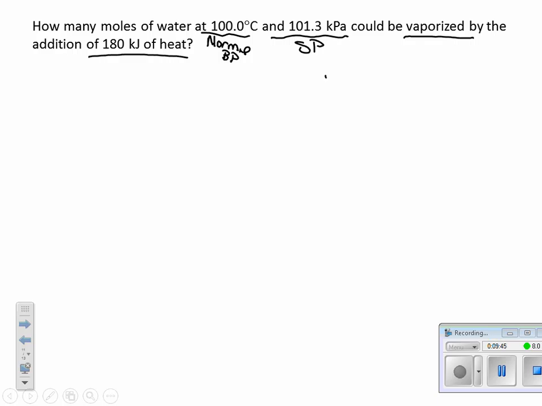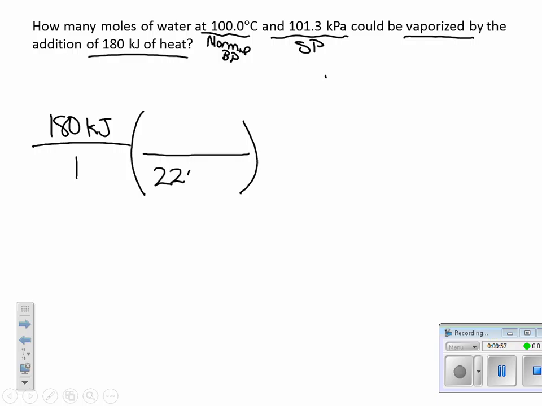So we know that if we have 180 kilojoules of heat, we can use the enthalpy of vaporization for water, which is 2,260 joules for every gram of water that vaporizes. That's one of those constants.